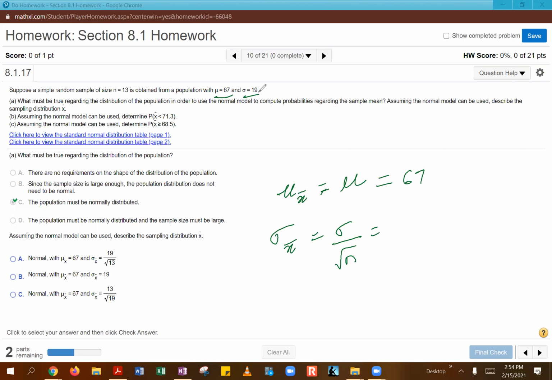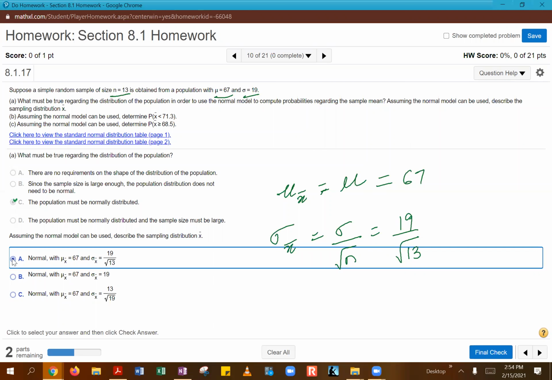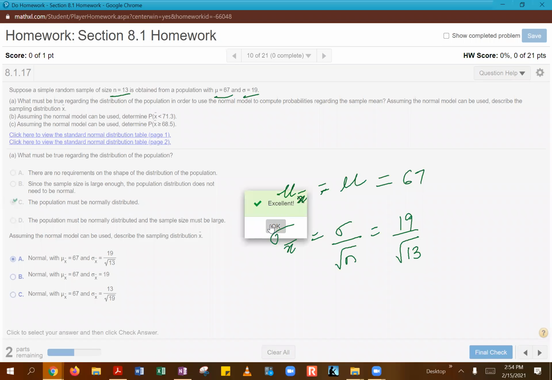So our population standard deviation is 19. Square root of n will be square root of 13. So you can see, once you write these out, the only option that will be correct is going to be option A. So that's the one we're going to choose. Check. You should be good to go.